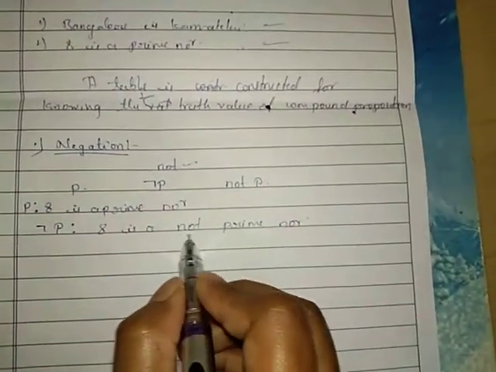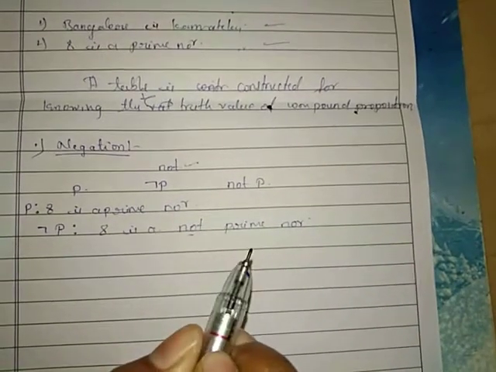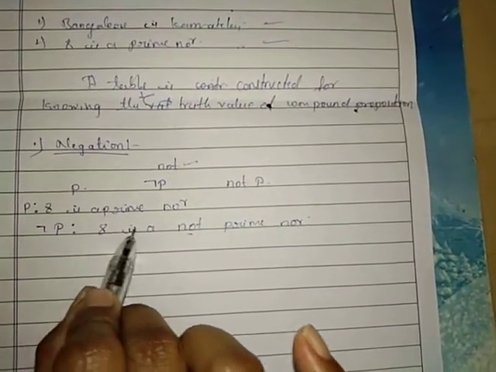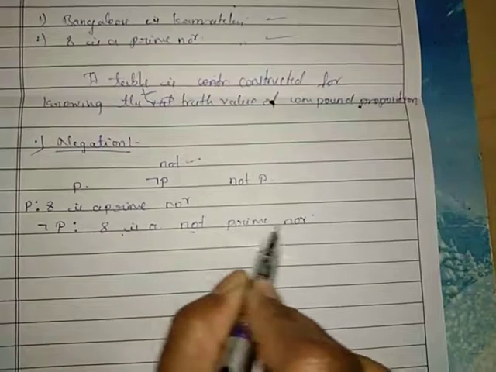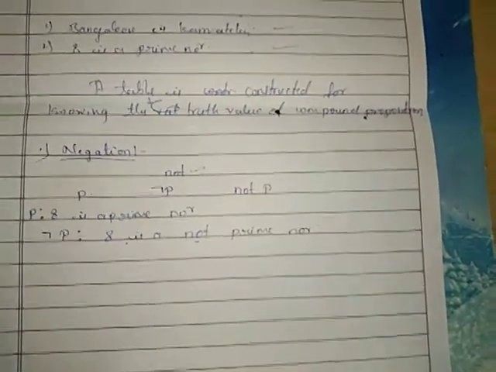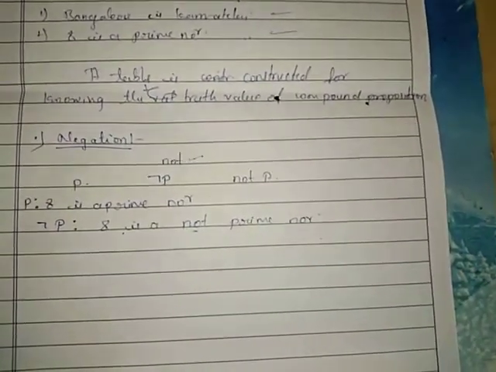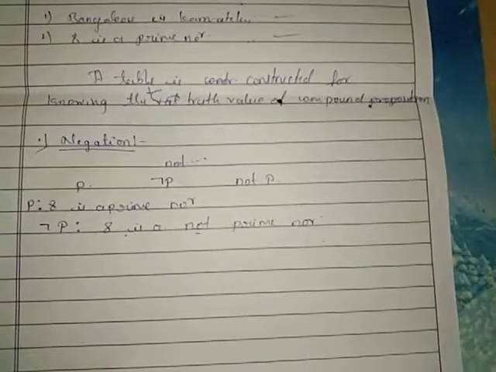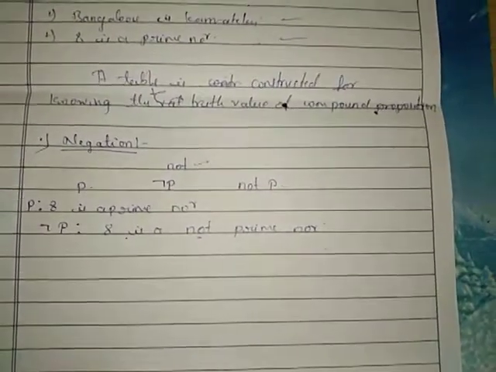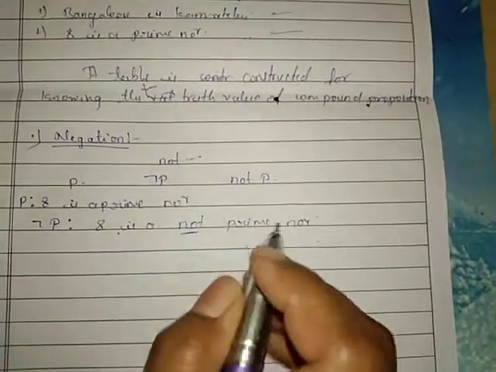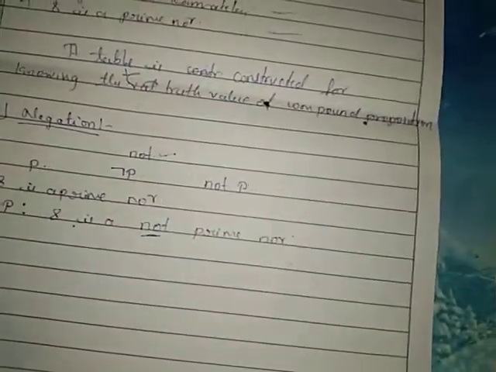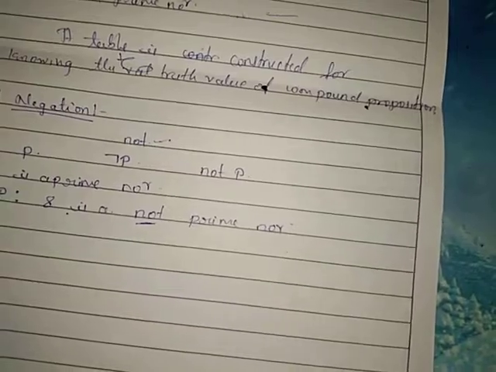If we say 'not 8 is a prime number', that is not a correct sentence. The sentence should have a complete meaning. Meaningful sentences are formed by adding the word not at an appropriate place. That kind of proposition is called the negation of the proposition.